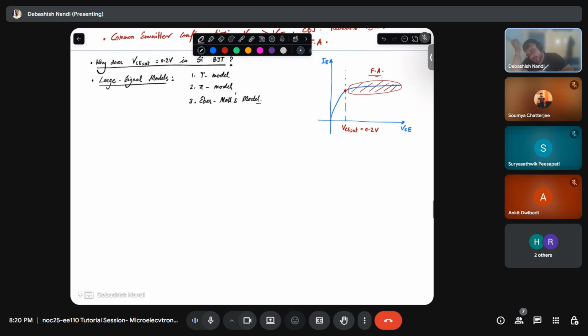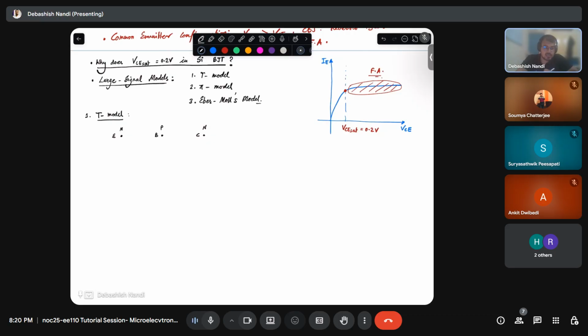So how do they come? I'll briefly discuss. Let's say we discuss the T model. Let's say you have this NPN transistor, okay? This is your emitter, this is base, this is collector.